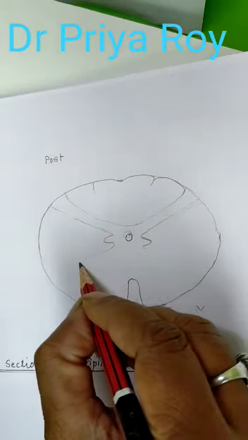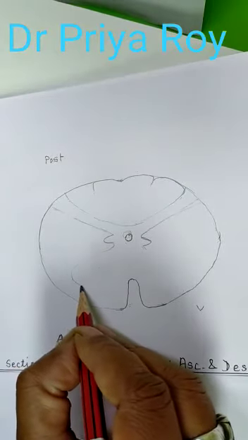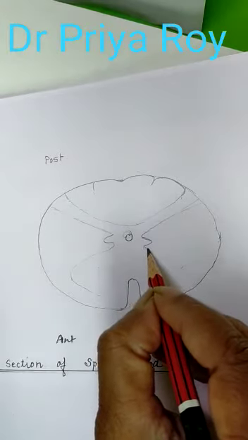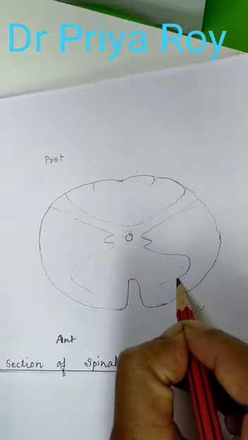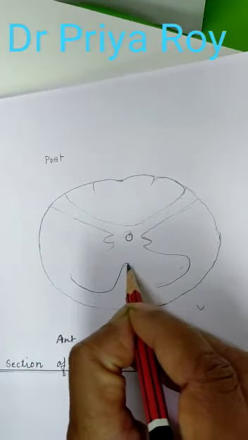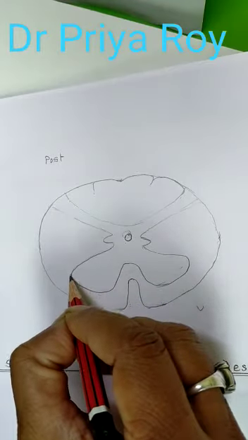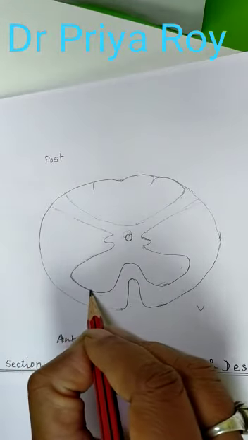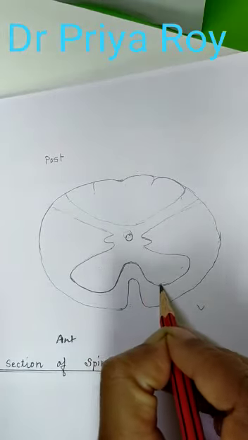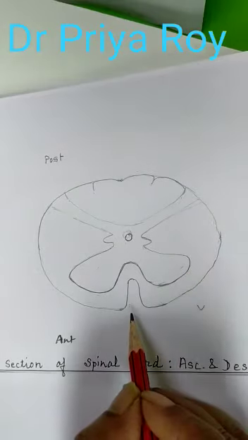And this one is the anterior horn, so on both sides I have put a dotted line and then made it like this. Now this has become a rough section. It looks like a nice diagram of the section of spinal cord. This is the posterior side and this is the anterior side.